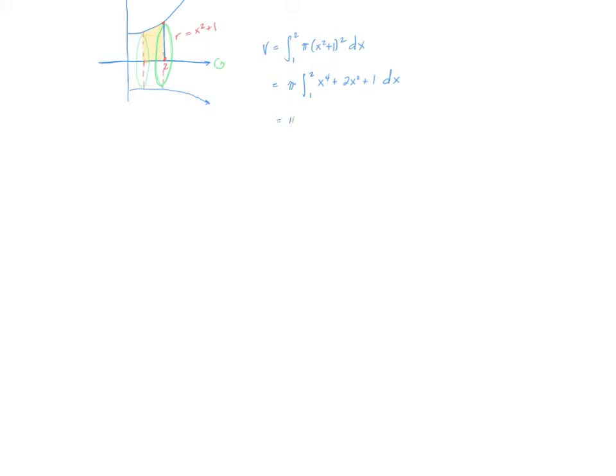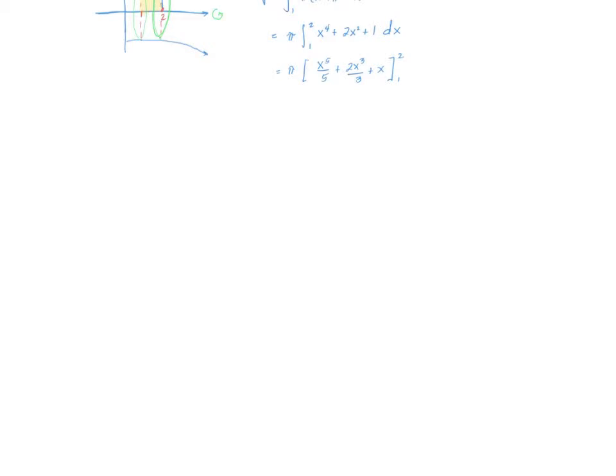Integrating, this becomes pi times x to the 5th over 5 plus 2x to the 3rd over 3 plus x. And I'm evaluating this from 1 to 2. So it's always upper minus lower.